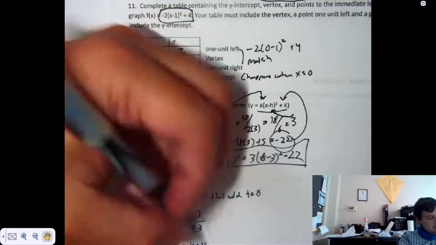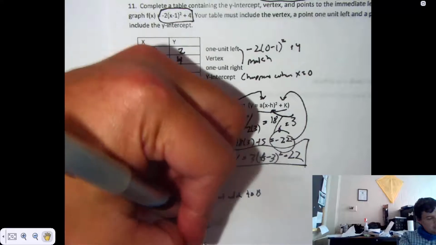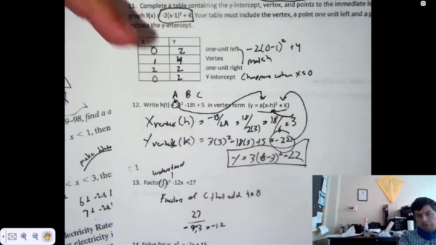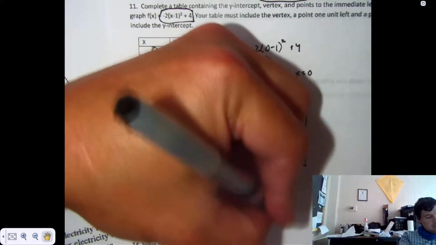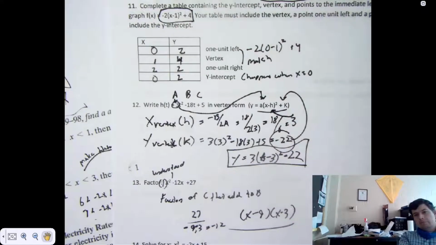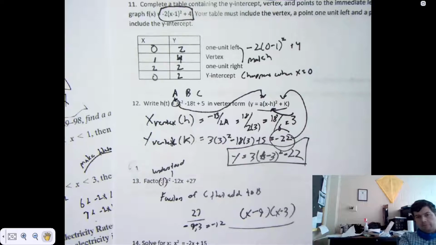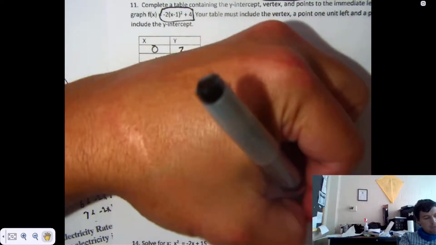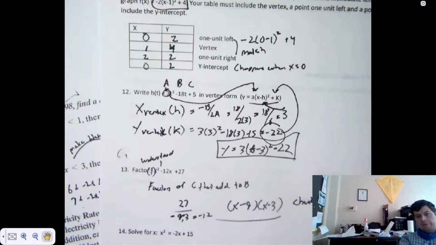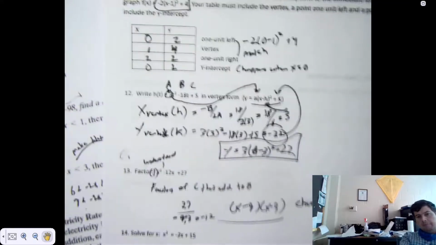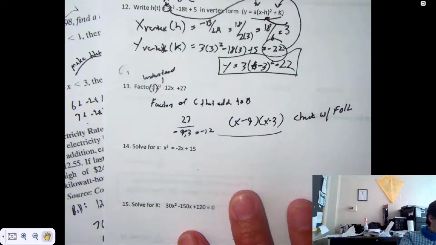If you say negative 9 and a negative 3, you get negative 12. So that's how it factors. It literally factors as x minus 9 times x minus 3. Done. You can check it with FOIL. Obviously, check with FOIL. But it'll work its way out.